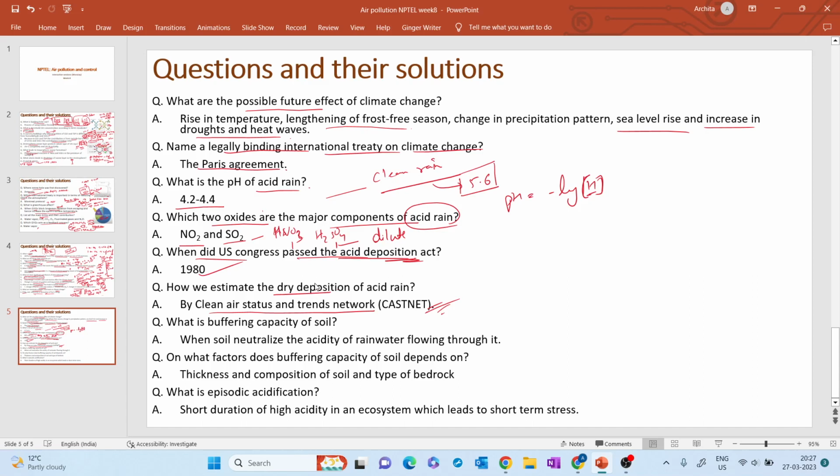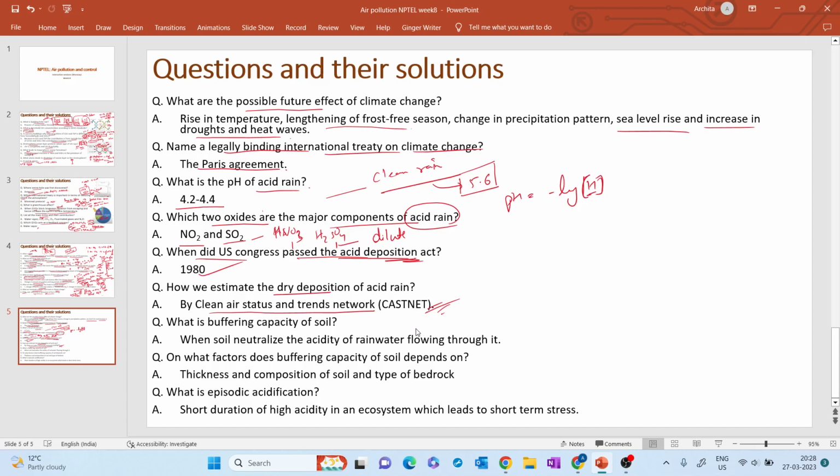But for dry deposition, they directly deposit in the form of gases. A gas in the atmosphere can just settle on a surface, on your hand for example, on the surface of a metal, or on buildings like the Taj Mahal or even your house. You cannot see dry deposition until it is in the form of particles. So to measure it is even harder, and that is why they have this network. So you just need to remember the name.